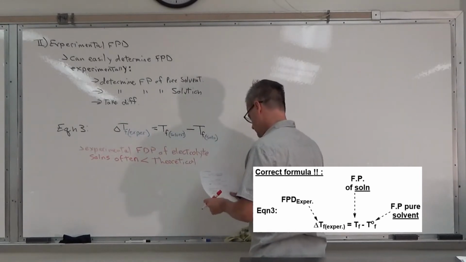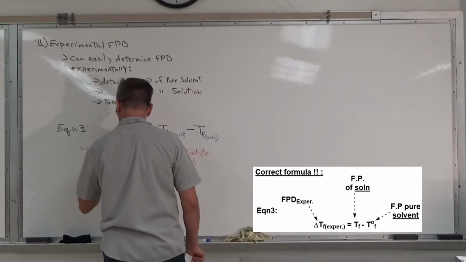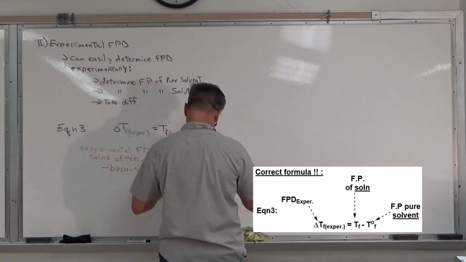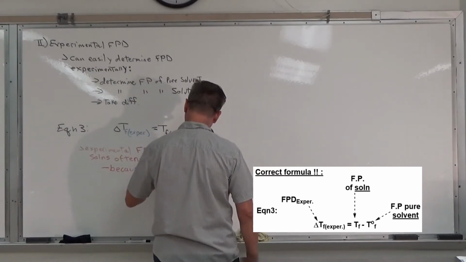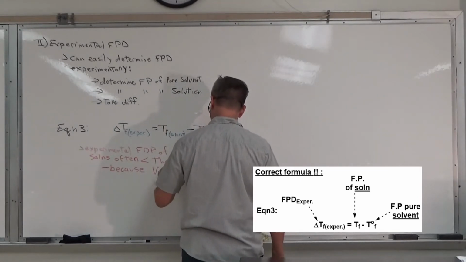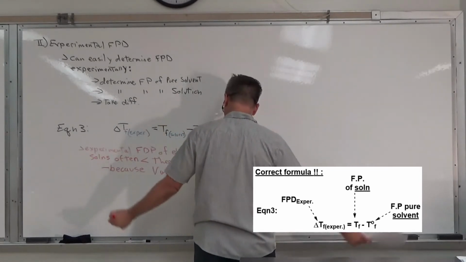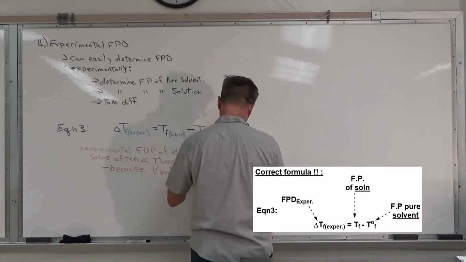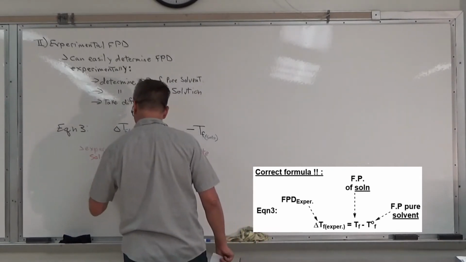And this is because the van 't Hoff factor in the experimental situation, the experimental van 't Hoff factor, is often smaller than expected.